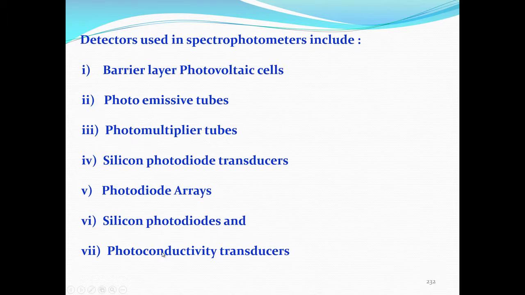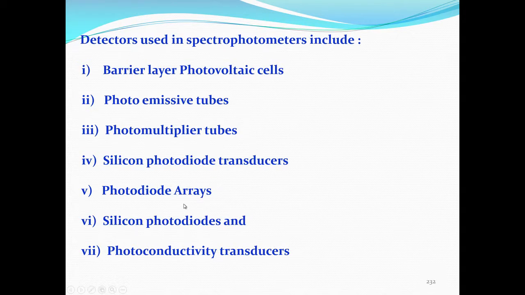All these detectors have advantages as well as disadvantages in a given spectrophotometer, and many of them are high end also. So, whenever you need specific functions, you may have to go for different kinds of transducers in spectrophotometric cells.